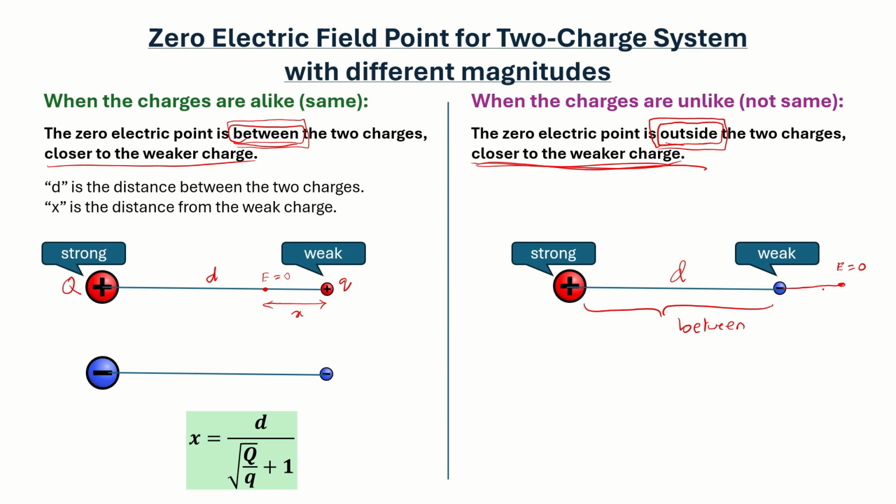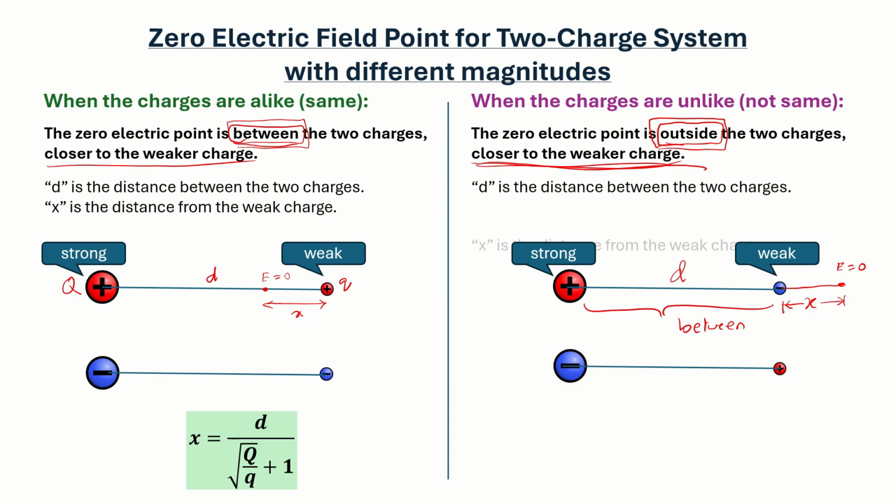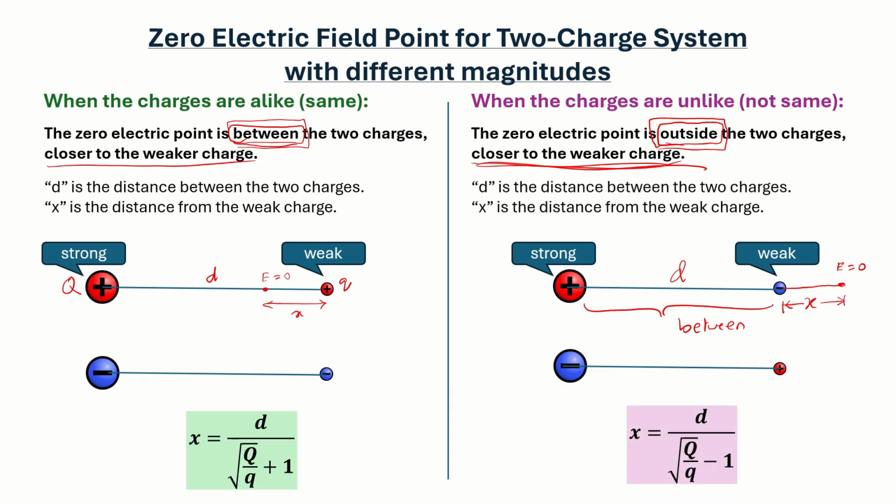The same conventions we have to take. X is the distance from the weaker charge to a point where the electric field is 0. The formula for that is a similar formula, the only difference is that it is minus. That's it. Easy. I hope it's easy to remember the formulas also.